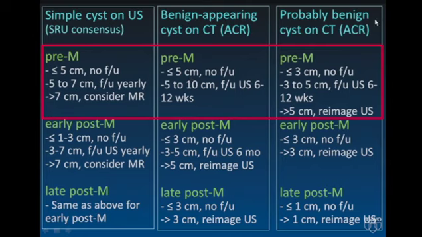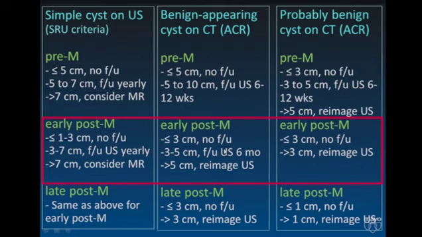If it's a probably benign cyst, we would decrease that threshold to 3 centimeters. Over those thresholds, we would either follow-up image the patients if they're within a few centimeters above that, or if they're probably benign and over 5 centimeters, we would get a re-imaging, and that would be the recommendation.